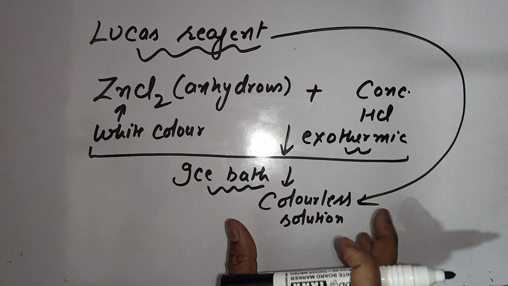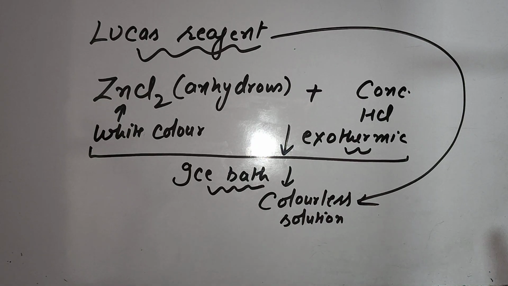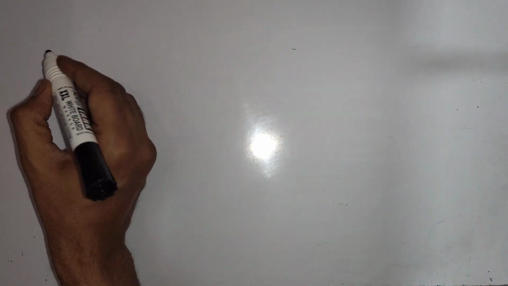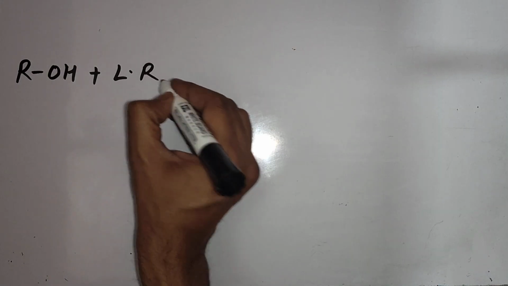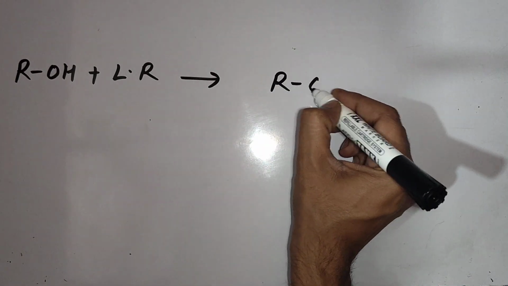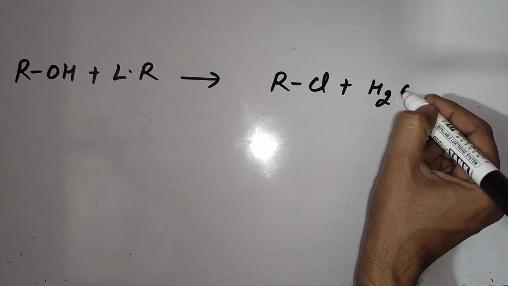Now, how this colorless solution can identify 1 degree, 2 degree and 3 degree alcohol, let's check. First, let me tell you directly, alcohol reacting with Lucas reagent will create alkyl chlorides and side product water.